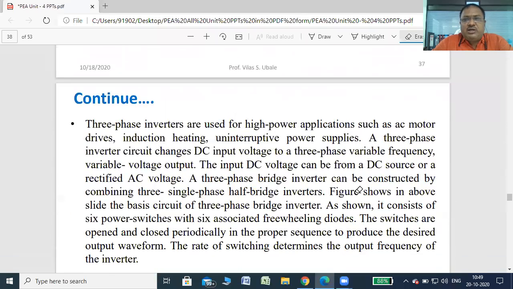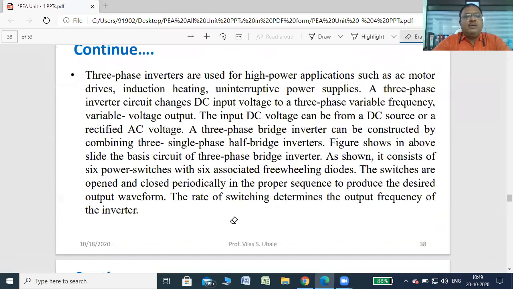Now the same thing is written here for your understanding. Three phase inverters are used for high power applications such as AC motor drives, induction heating, uninterruptible power supplies. A three-phase inverter circuit changes DC input voltage to three-phase variable frequency, variable output voltage. The DC voltage can be taken from a battery or maybe a rectified AC voltage.